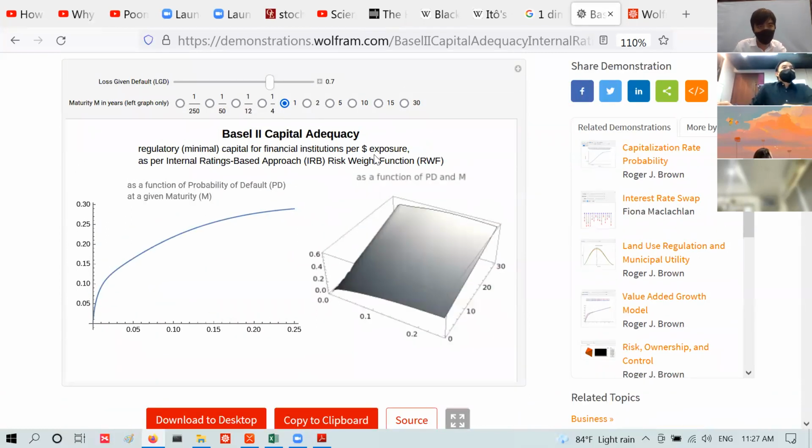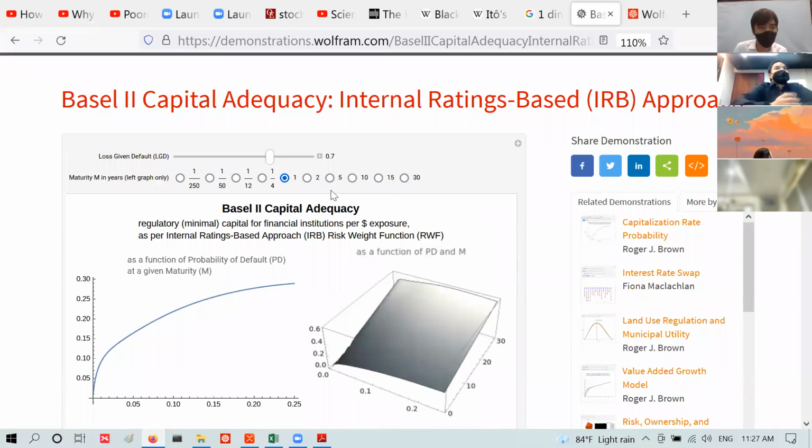Basel II capital adequacy. It's called Basel II because Bank of Thailand is using an international standard. This international standard for banking supervision is usually set by this organization, sort of like a central bank for central banks, or BIS, Bank for International Settlements, and they are located in Basel, Switzerland. So that's why it's called the Basel formula.